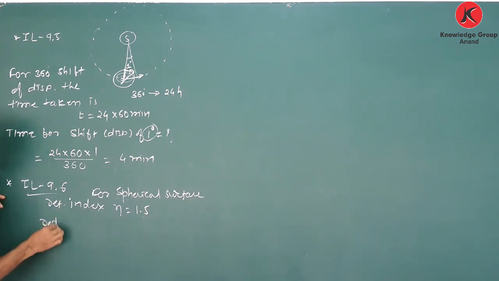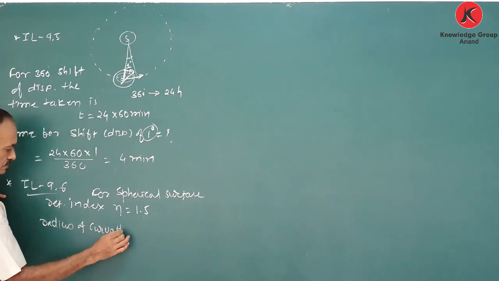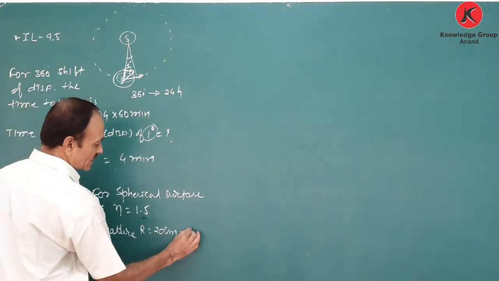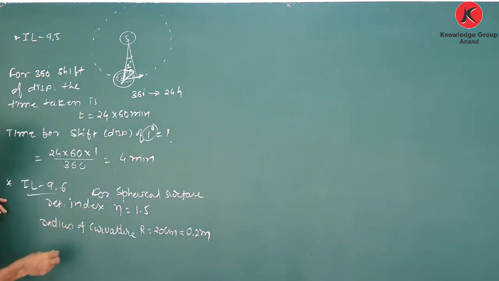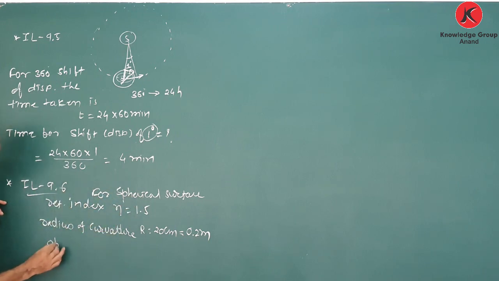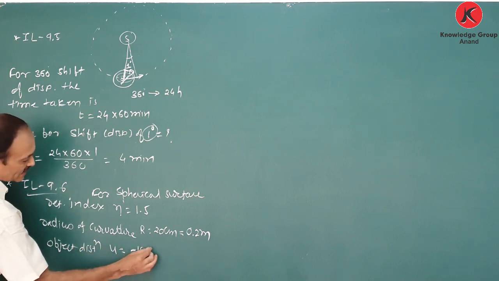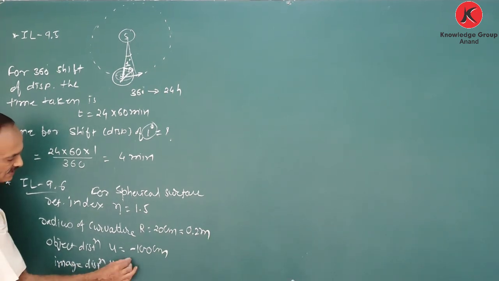The radius of curvature R is given as 20 centimeter, converted into meter, 0.2 meter. The object is placed at 100 centimeter distance from the spherical surface, therefore the object distance u is equal to minus 100 centimeter with the sign convention. Find the position of the image, that means we have to find the image distance v.